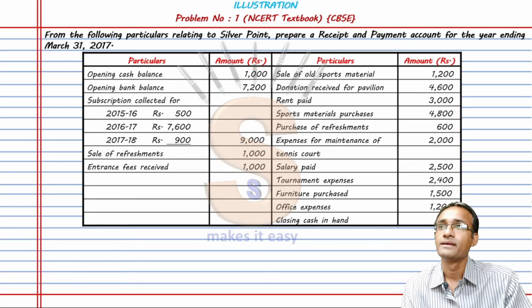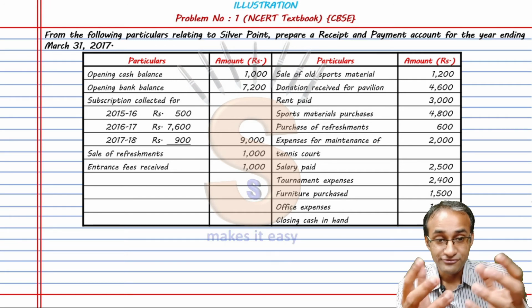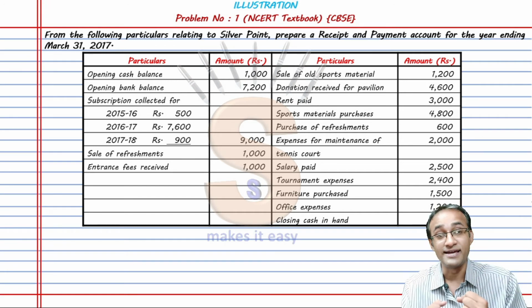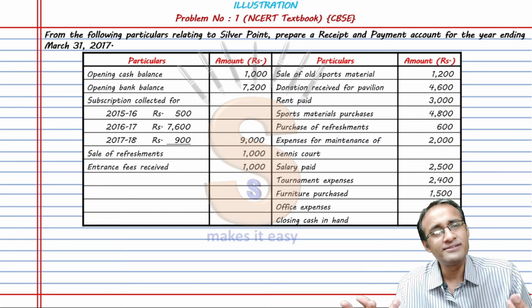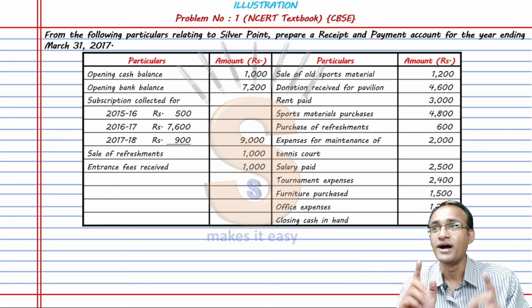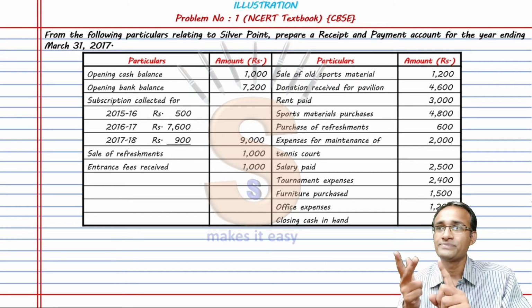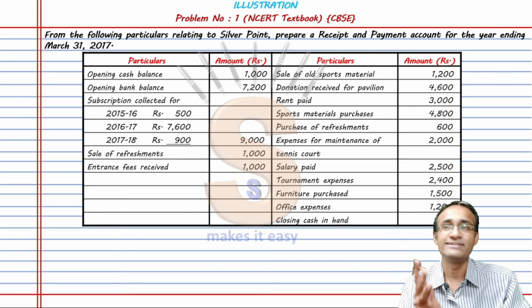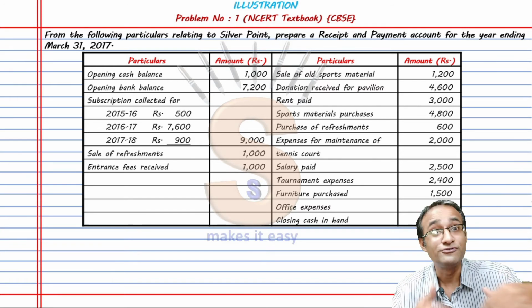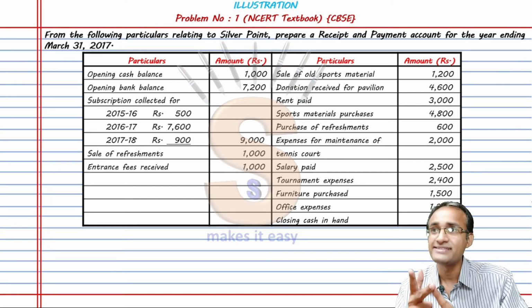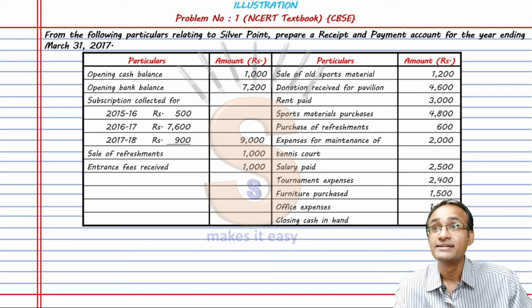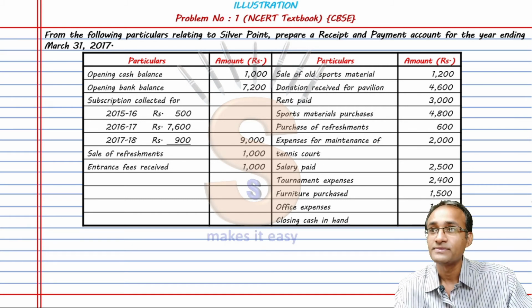Next, subscription collected, fees. Members से जो fees आया, 3 अलग अलग साल के fees आए हैं, but receipt and payment में कोई फर्क नहीं पड़ता, पैसे आए ना, लिख लो. हाँ, 15-16, 16-17 and 17-18. 17-18 is the next year, future tense, but 500, 7,600 and 900 is cash coming in.